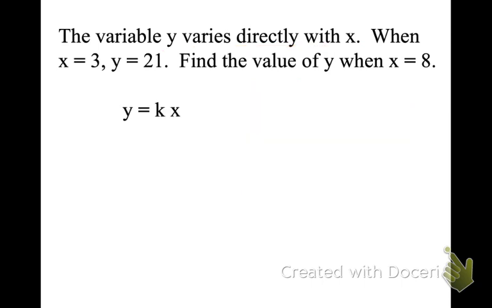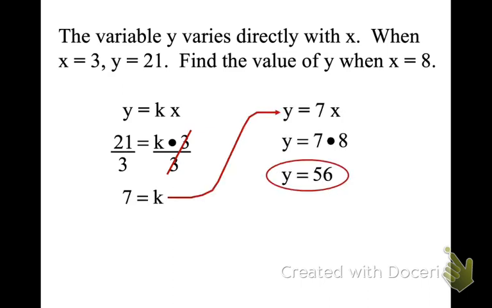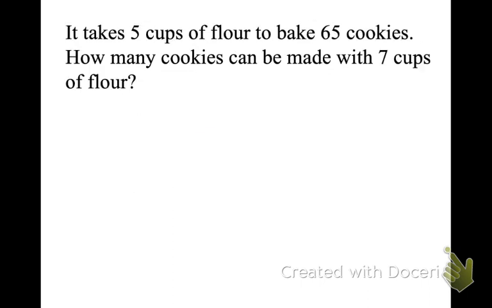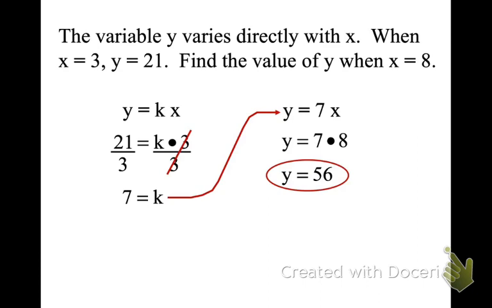All right, let's try another. Here's a word problem. Let's look at direct variation. So if we went back to this last problem, we could basically set this up like a proportion, right?